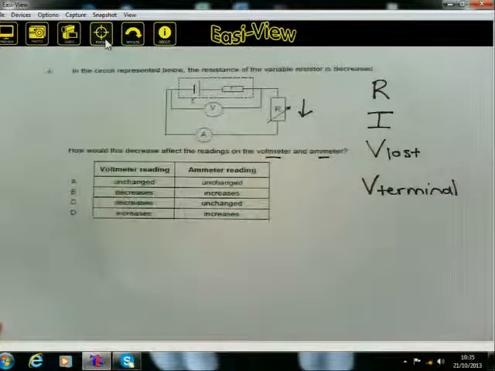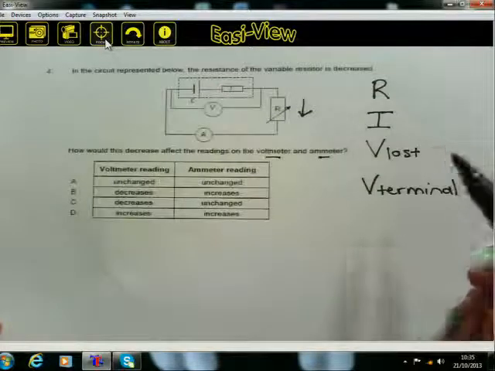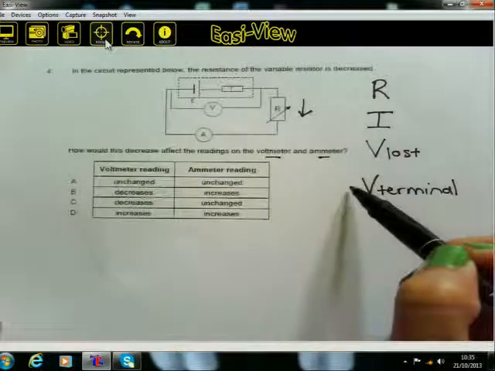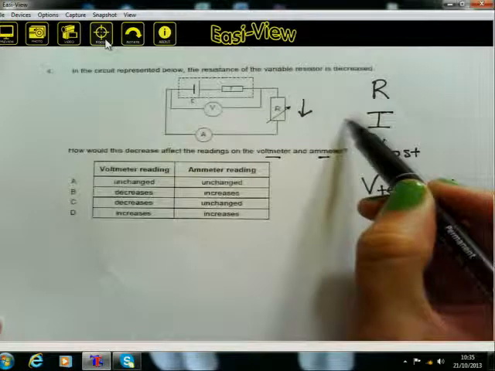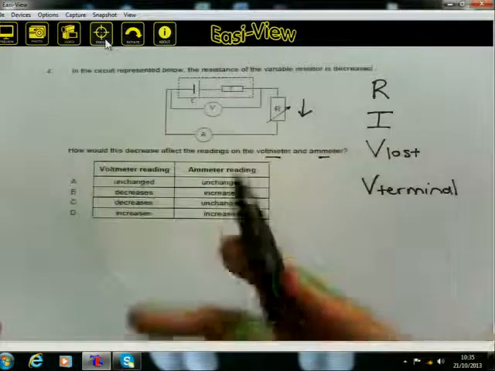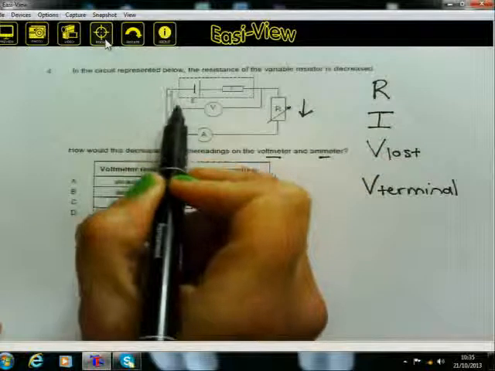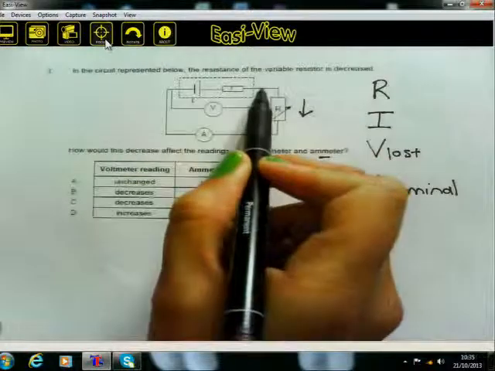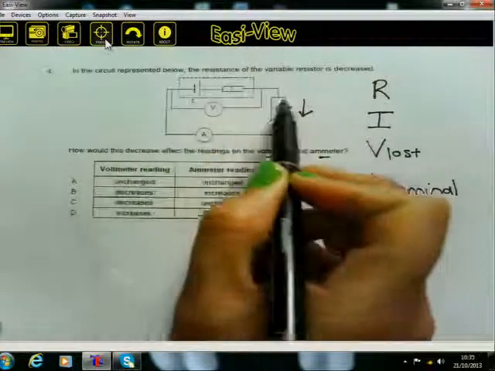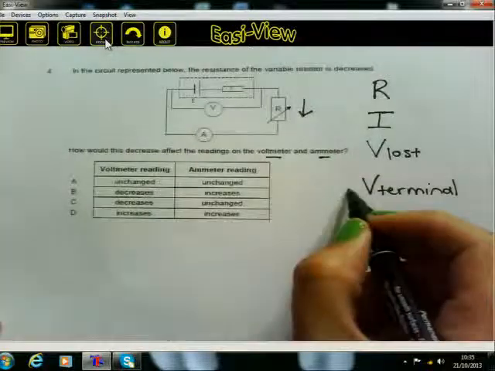So we must go and see what happens to V terminal and what happens to I. Alright, so you all know that when we have a closed circuit, this voltmeter over the battery measures external voltage. In other words, V terminal.